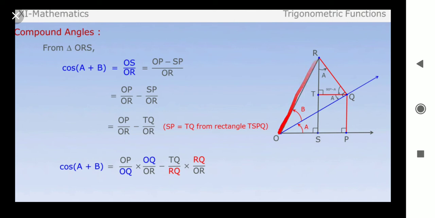If you are talking about A+B, this one will be the perpendicular, and OS is left, so it is the base. So cos(A+B) equals base by hypotenuse. The base is OS, the hypotenuse is OR, so we write OS by OR.